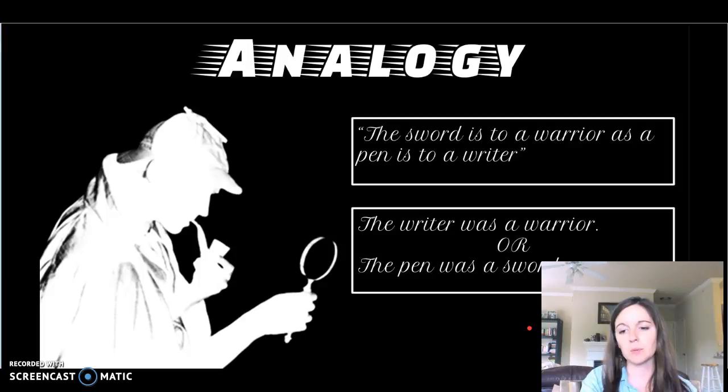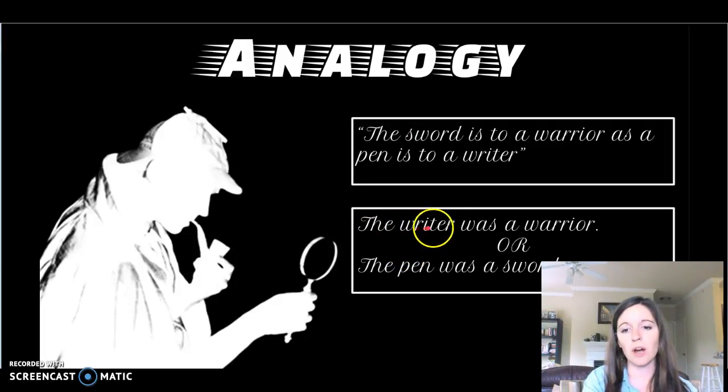Now you might be saying, well, that's a metaphor. It's not a metaphor, though it's very similar. You're correct that there are similarities, but there is one significant difference: an analogy compares two concepts, and a metaphor compares two unlike things. So if we were going to break this analogy down into metaphors, it would be broken down into two different metaphors.